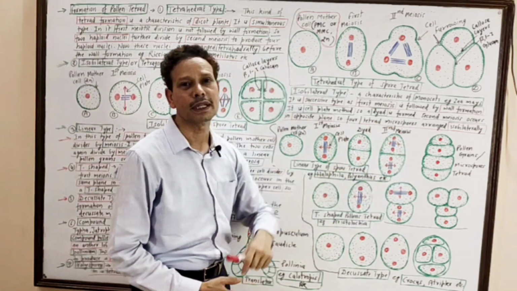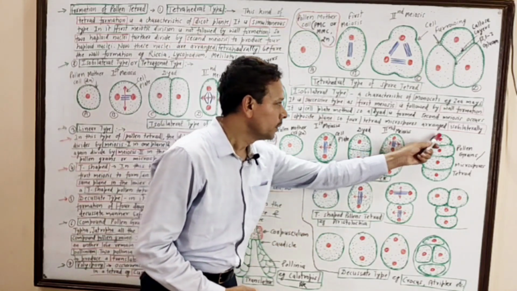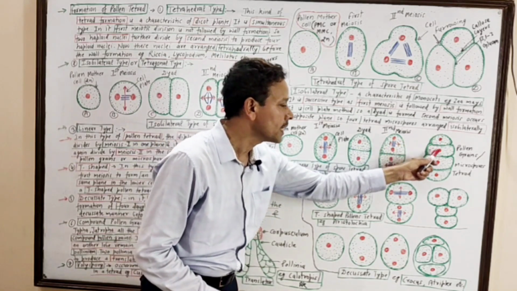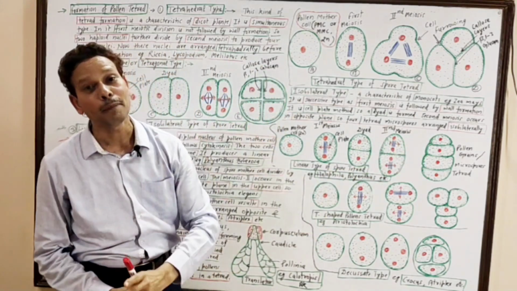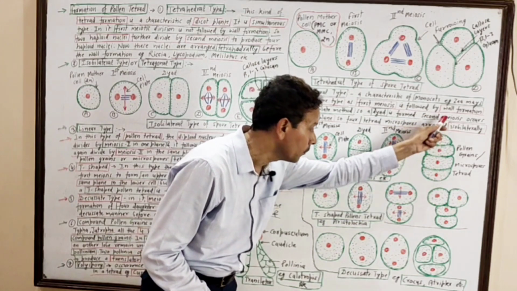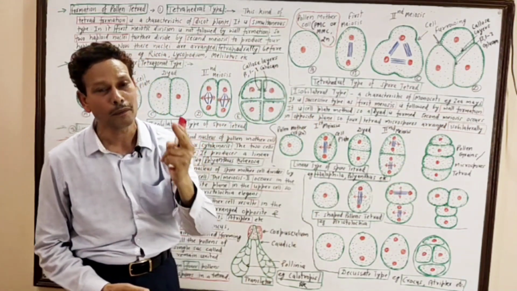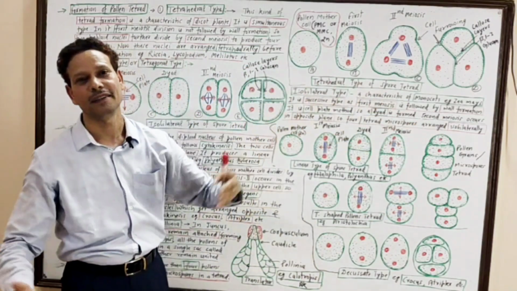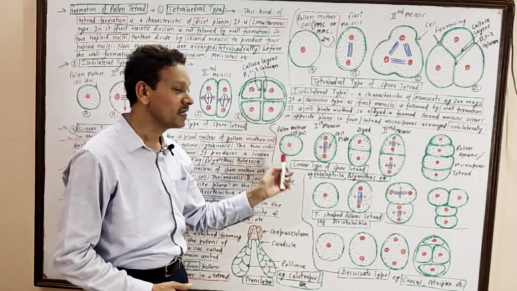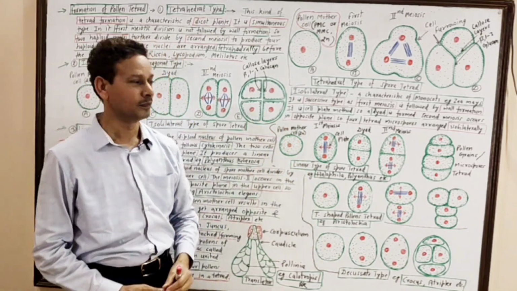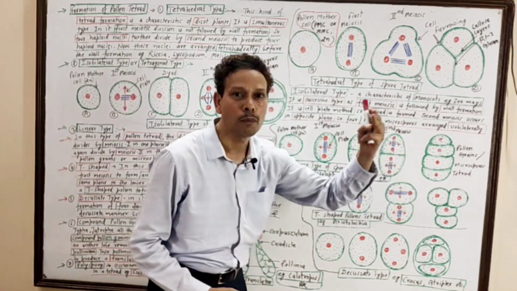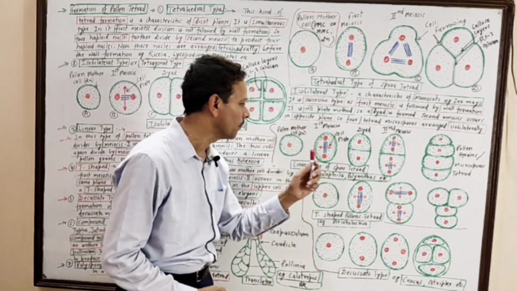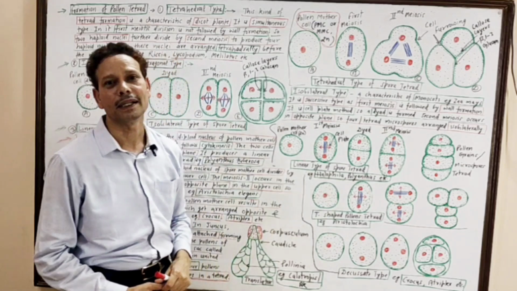After second meiosis, in these two upper and lower cells, second meiosis occurs in the same plane. As a result, all four pollen grains or four microspores get arranged linearly. Dear students, in this linear type, all four microspores or pollens are arranged linearly. That is a characteristic feature of Halophila polyanthus.